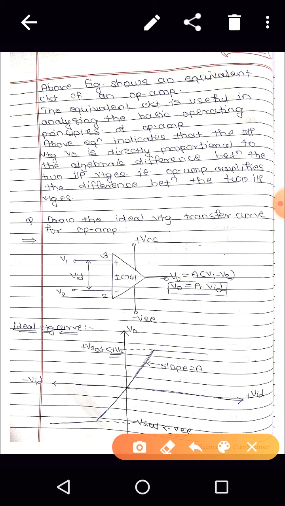What is the meaning of the ideal voltage transfer curve? Up to plus VCC and minus V, the output constantly increases with respect to the change in the input. For the slope A, it is a constant. Once it equals plus VCC and minus V, saturation will start.